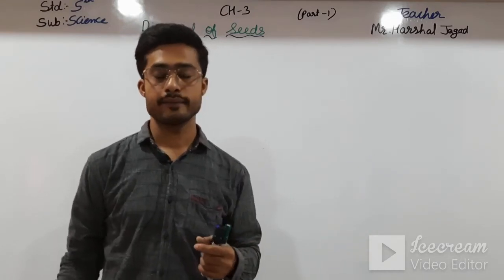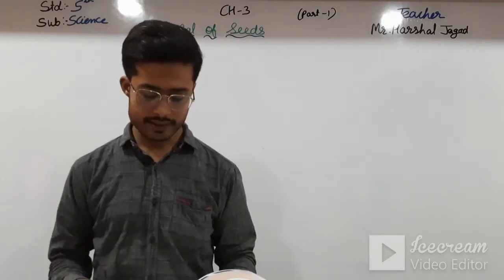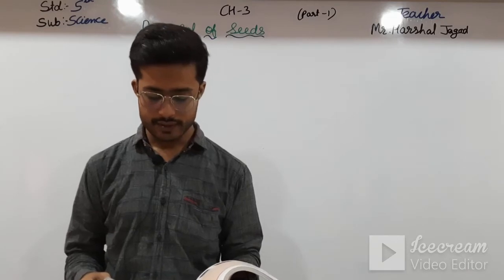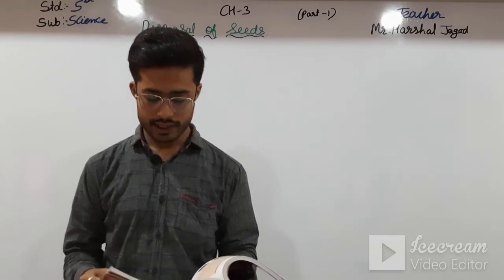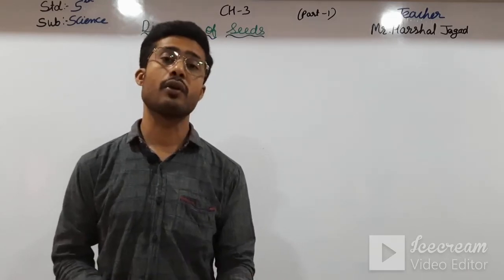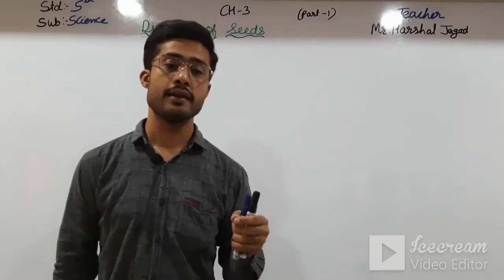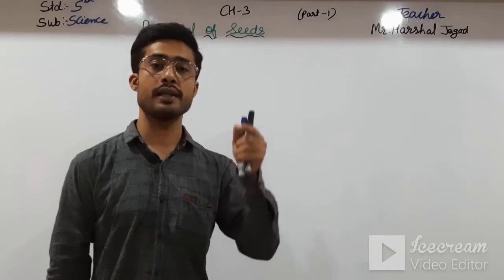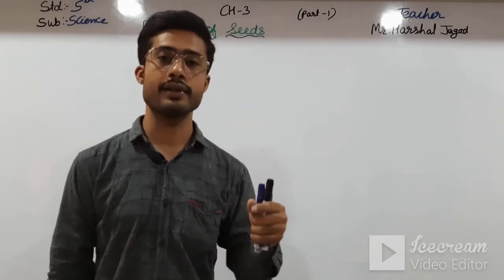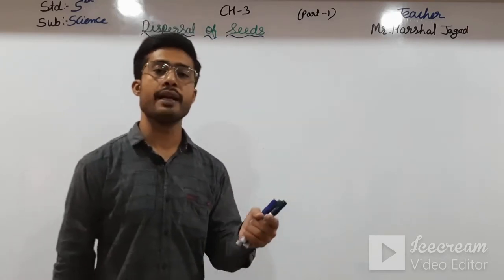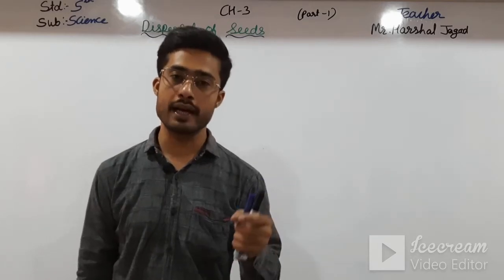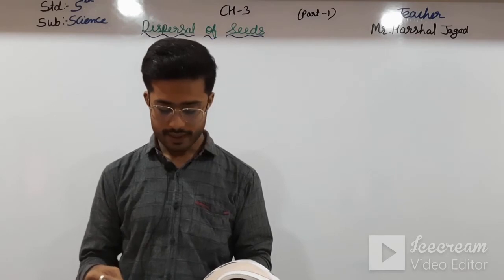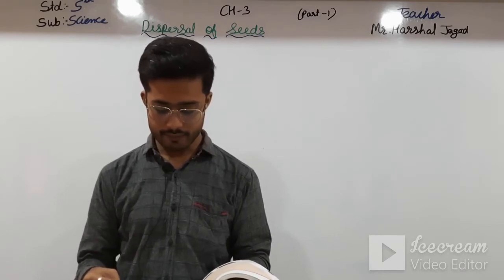Okay students, next is: not all the seeds produced by a plant can grow into new plants. Not all the seeds that are produced make another plant. Only some of the seeds, when grown, make a new plant. Okay students, find out how many peas there are in a pea pod.